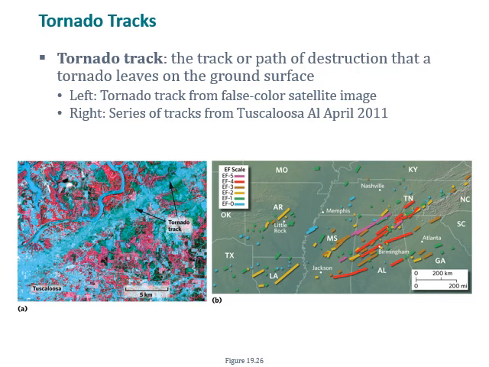On the right is a series of tornado tracks from Tuscaloosa, Alabama in April 2011. These show the concentration of the tornadoes, the distance they've covered, as well as their different destructive strengths as noted by the EF scale and their colors.